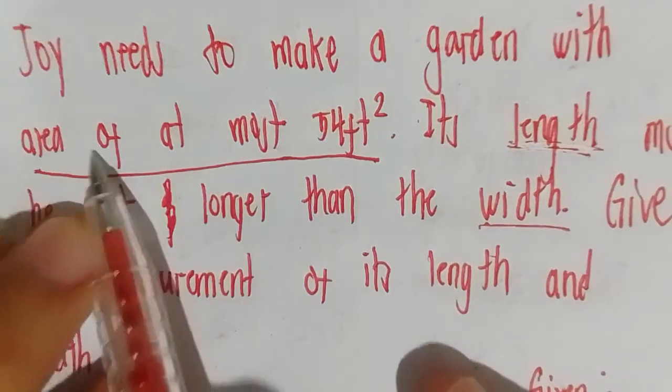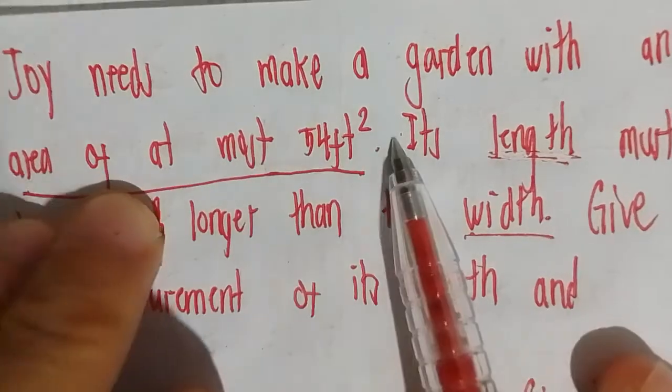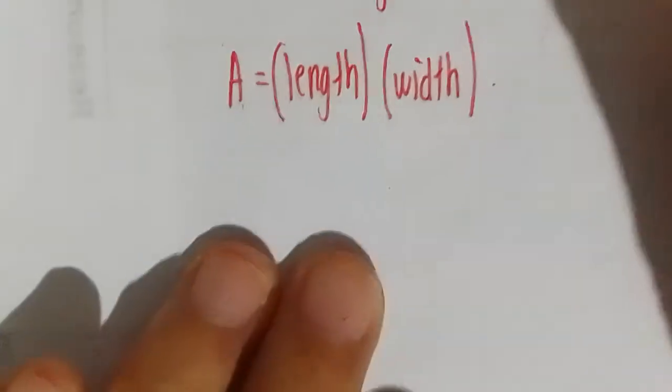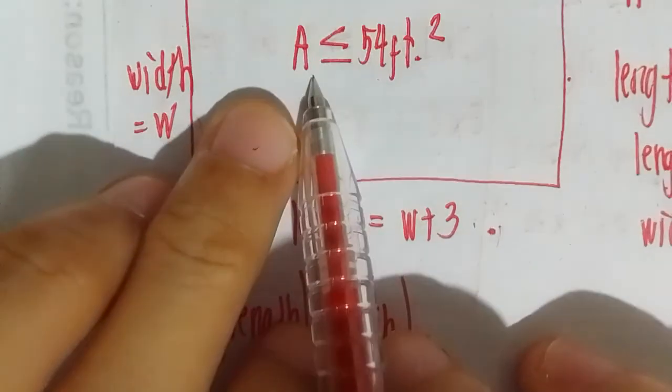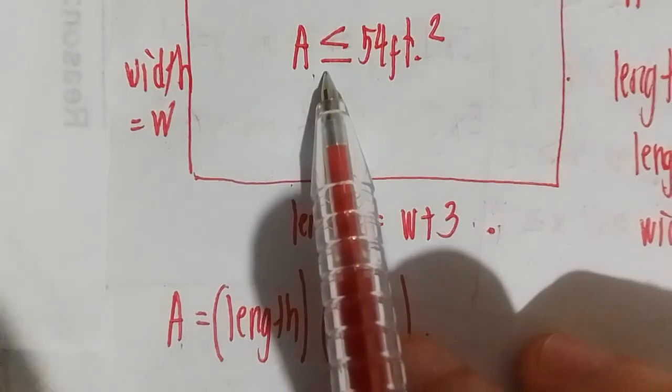because the problem does not say that the area is exactly 54, nor does it say at most. So we should follow the word problem and interpret it. Again, length or width, multiplied, gives the area, and take note that the area is not one exact value.